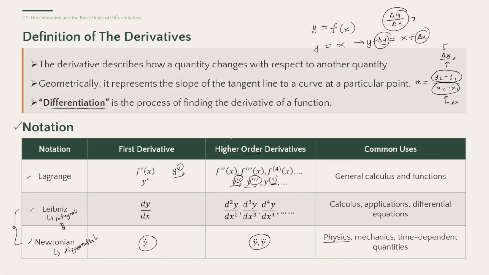This is the order of the derivative. Higher order derivatives mean differentiating a function two or more times. For example, you have x squared. The first derivative is 2x, the second derivative is 2, and the third derivative is 0.